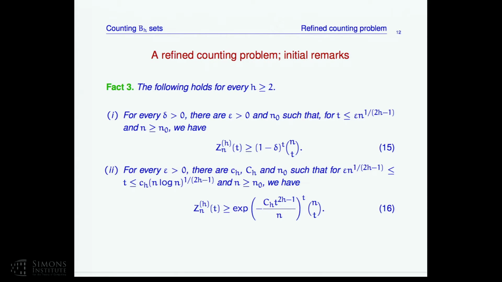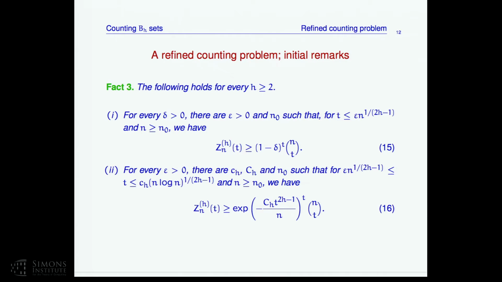If you look a little bit at what's inside this exponential, it starts correctly. I mean, (14) and (15) match when you talk about a constant times n to the 1 over 2h minus 1. Because if you put t equal to a constant times this power of n, the n's cancel and you get some constant, right?